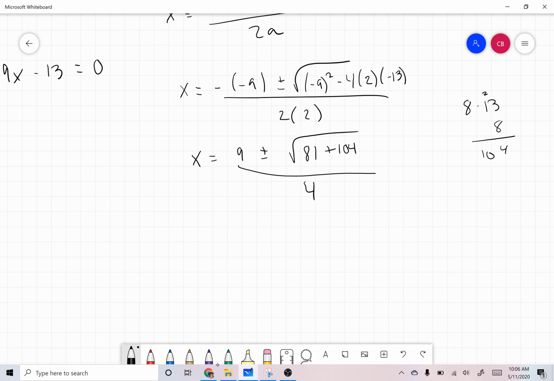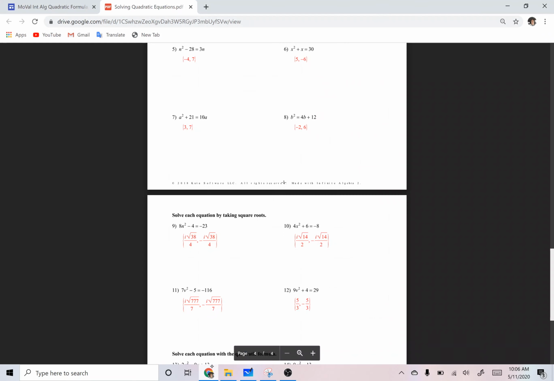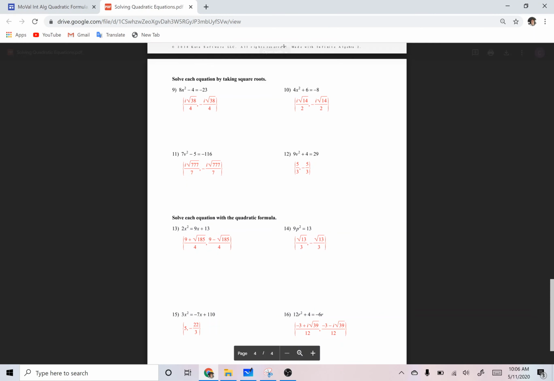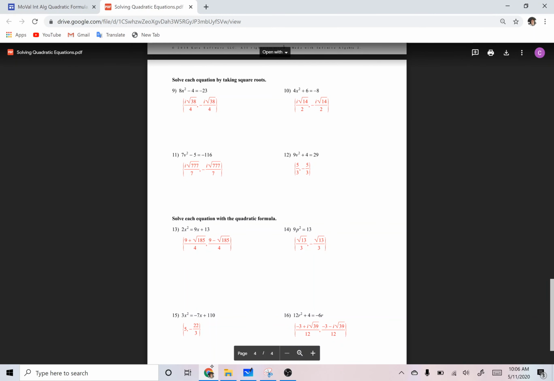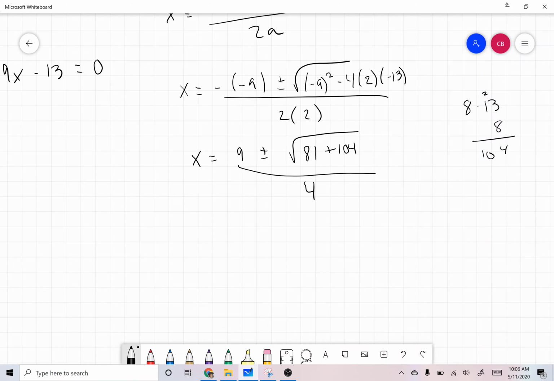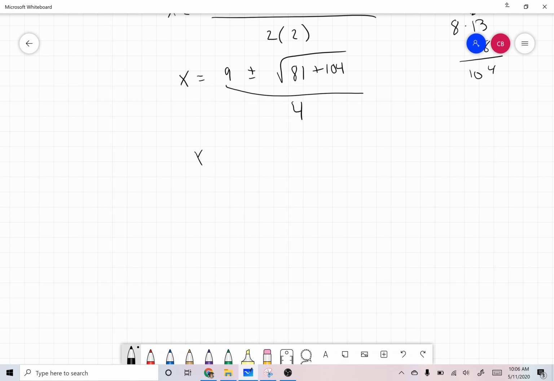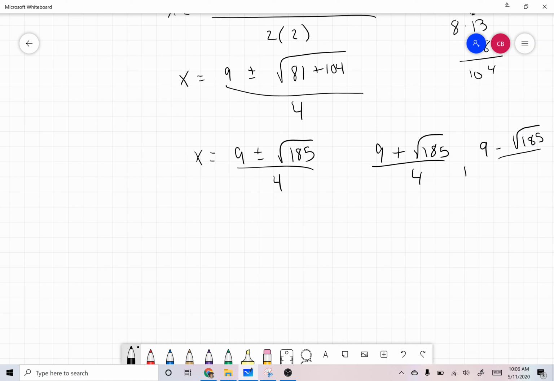Let's check and see what the answer looks like, just to be sure. Okay, so they just left it as that. That's exactly what we're going to get. So x is equal to 9 plus or minus the square root of 185 over 4. And they just did 9 plus square root 185 over 4 and 9 minus square root of 185 over 4. Okay, so those are your two answers.